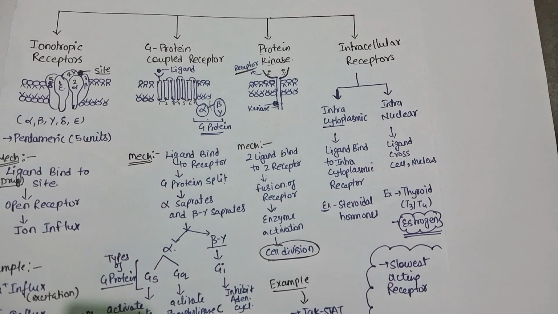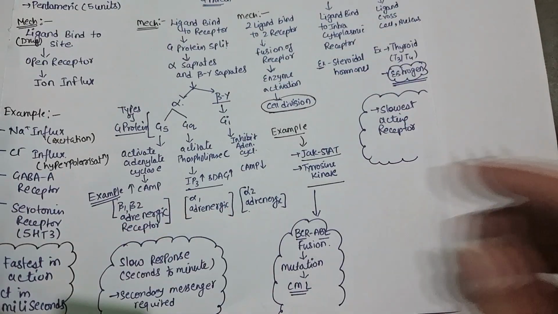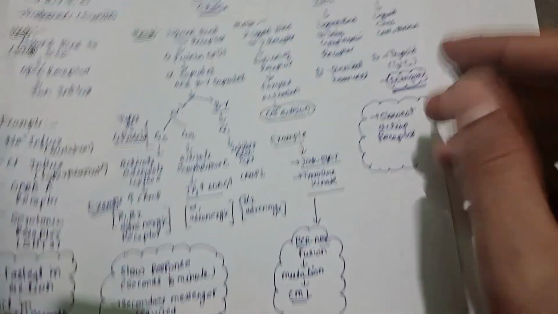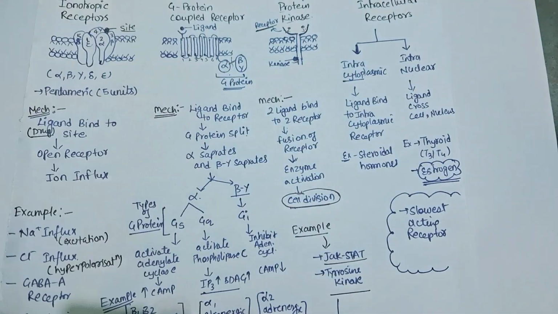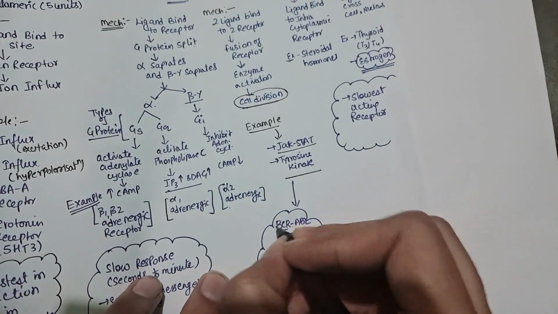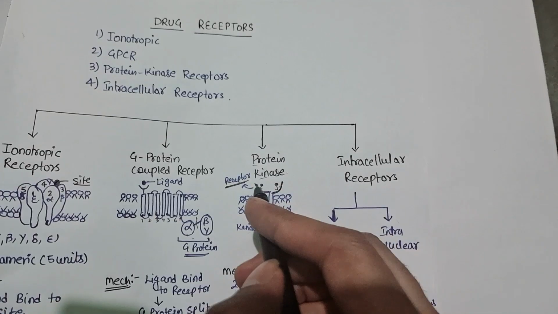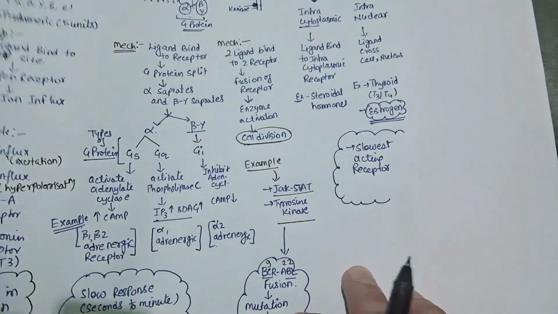Now what I was telling about earlier: BCR-ABL fusion. You will learn about this in pathology, in hematology. There are two chromosomes: chromosome number 9 and chromosome number 22. They fuse and create the BCR-ABL gene.